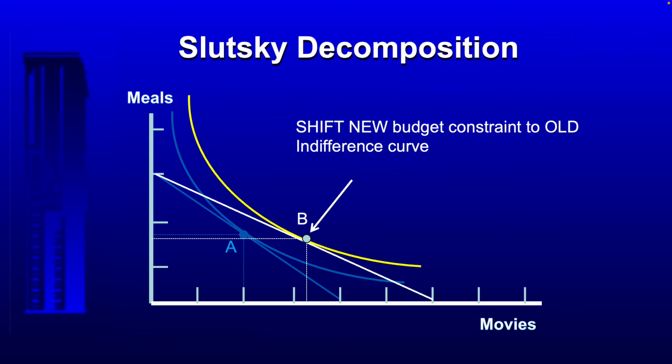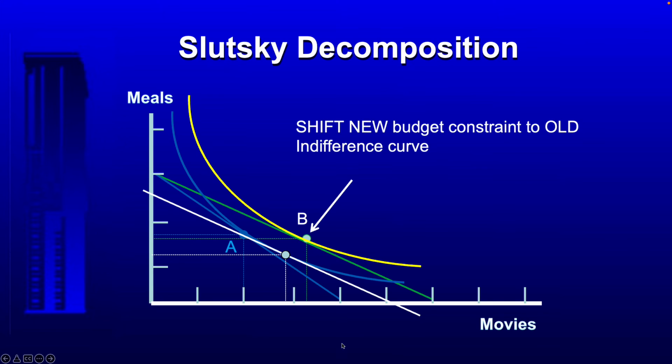Now we're going to take away from the consumer the extra amount of buying power that he got because the movies are relatively cheaper. At the newer prices, he can buy more meals and movies than he could before, but we're going to take that extra buying power away from him by shifting the budget constraint down so that it touches the lower indifference curve on which he was before.